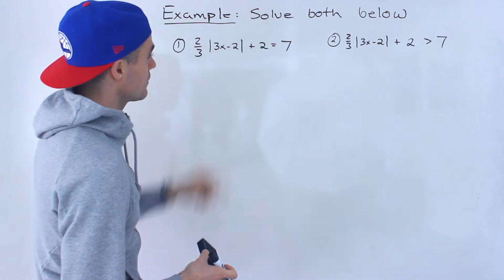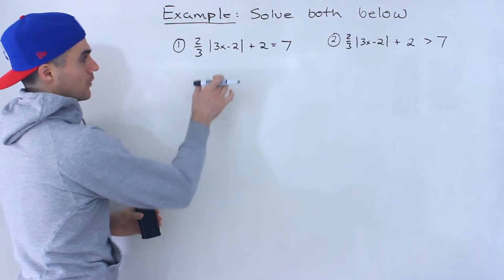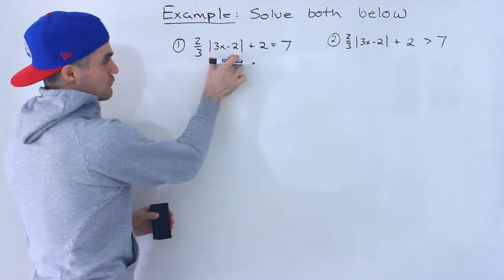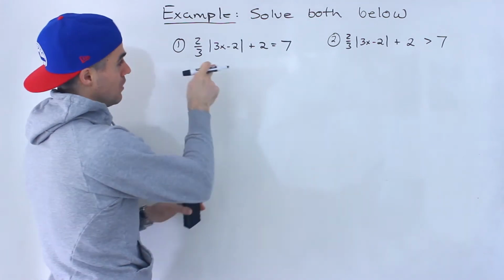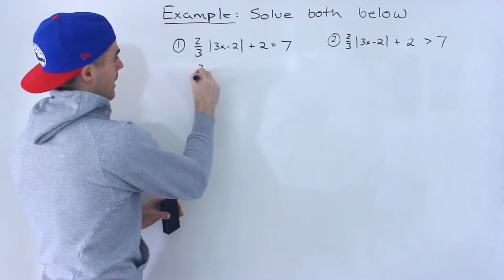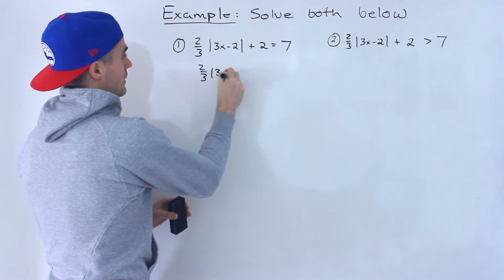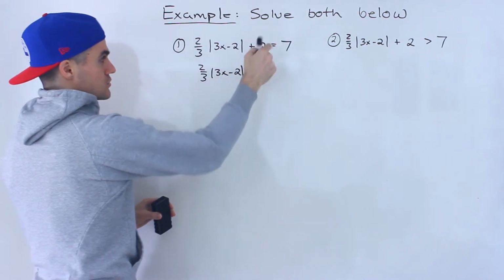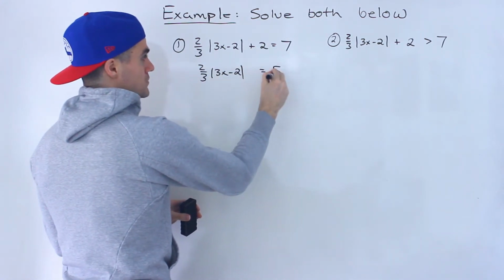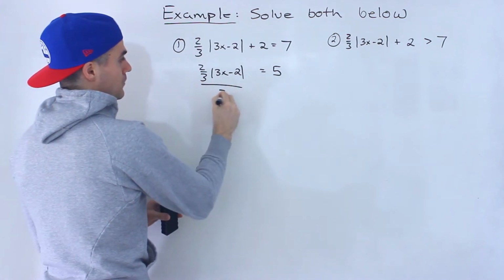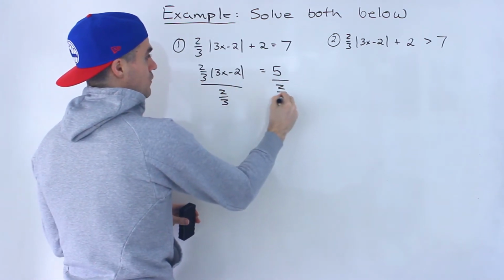So starting with the equation, what I'm going to do is get this absolute value by itself on the left side. So first I would bring over this 2, so we'd have 7 minus 2, which is 5. Then we want to divide both sides by 2 over 3.